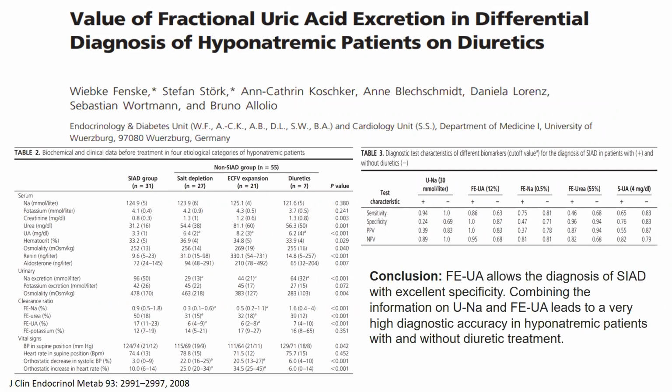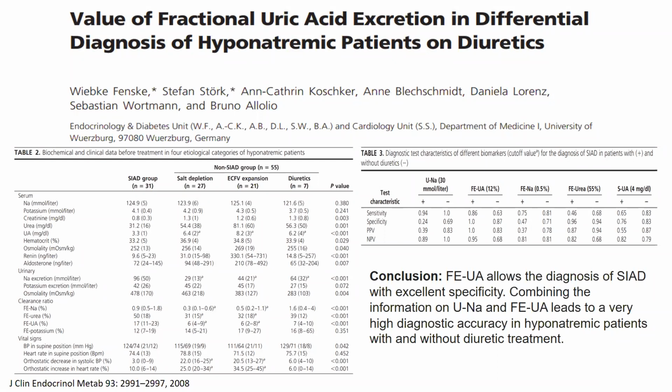They separated the groups into an SIADH group and a non-SIADH group. The serum uric acid was 3.3 in the SIADH group, but in the other group it was always higher, like 6, 8, and 6. But the fractional excretion of uric acid at the bottom was 17, with the cutoff above 12. And the other group had like 6, 6, and 7.